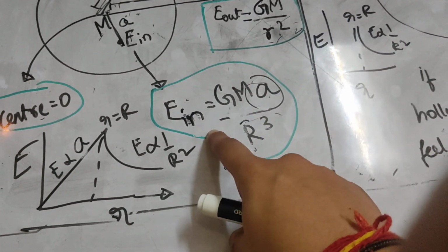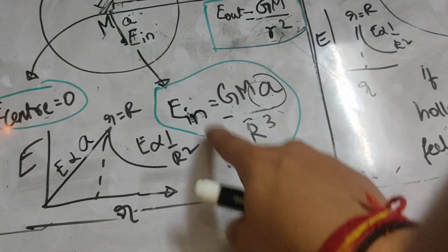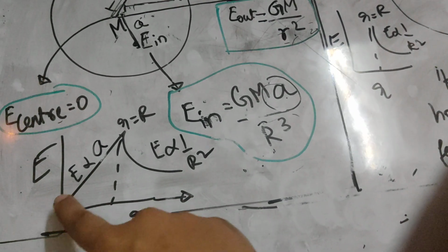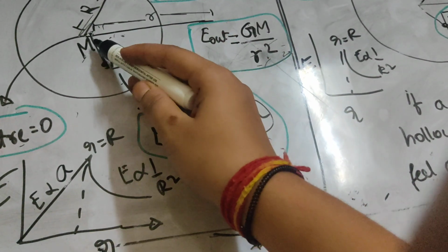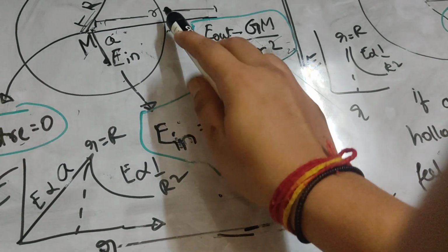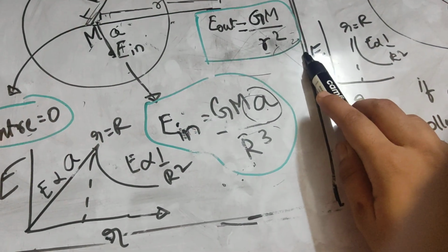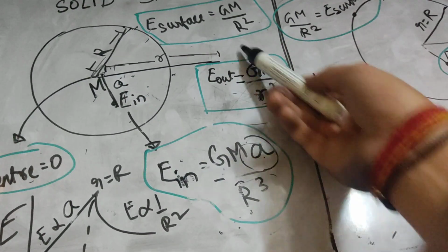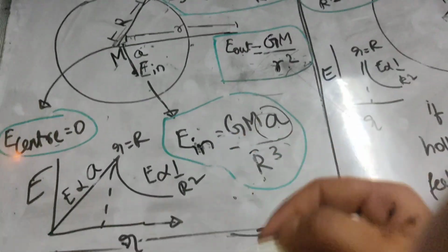So the gravitational field intensity inside is directly proportional to A. So it will be a straight line up to the surface. From the surface it will turn into a hyperbola again, because it's inversely proportional to r square. E out and E surface, from the surface it will turn to be a hyperbola.